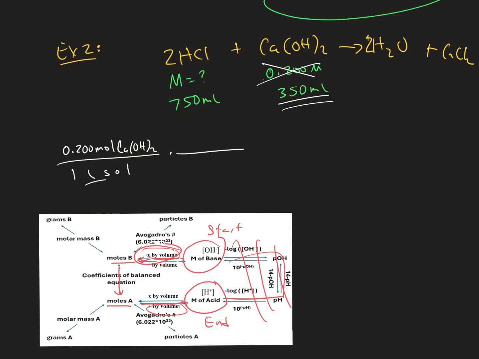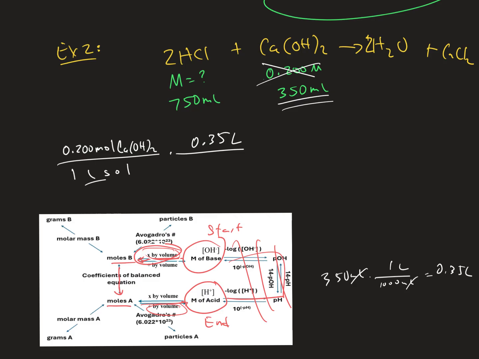If you wanted to step out here and say 350 milliliters, 1,000 milliliters to 1 liter, that gives us 0.35 liters. That's a way to do this too. Then come up here, 0.35 liters. Good?